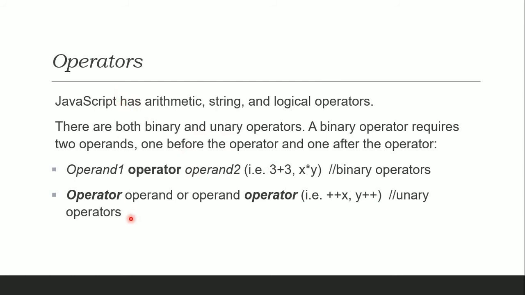Now in this case, we're trying to look at a binary operator, which has two operands, and then we have a unary operator whereby it's a single operand, and the operators are also utilized.